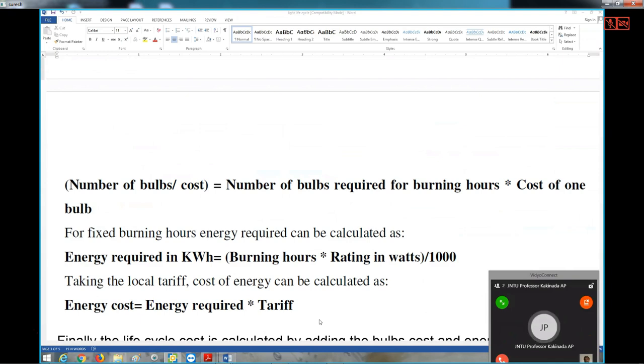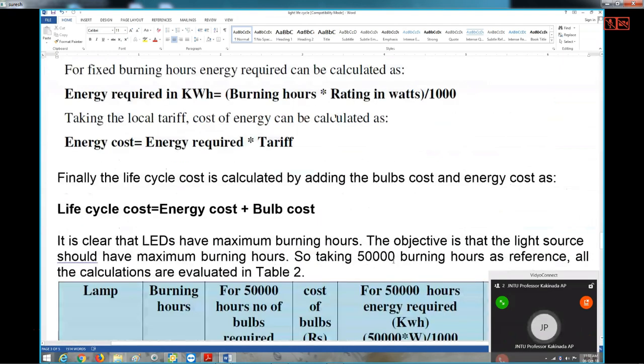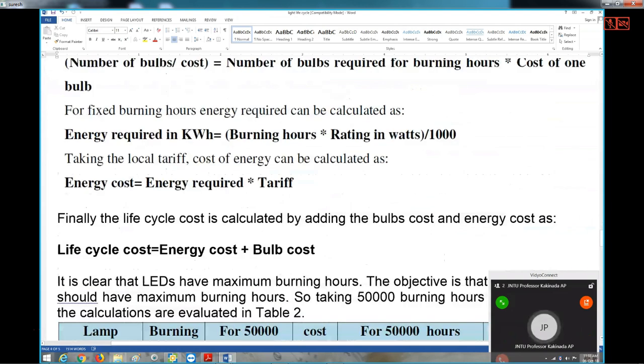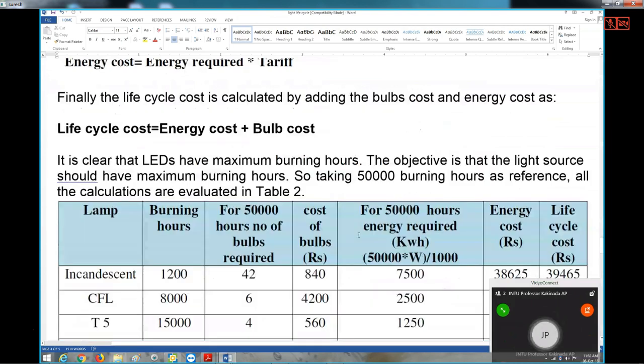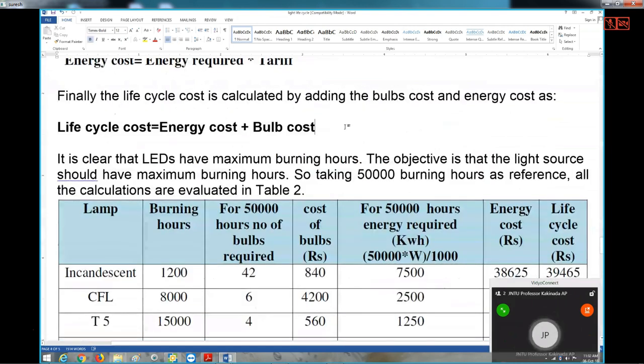Then taking the local tariff into consideration, the energy cost is calculated as energy required into the corresponding tariff. Finally, the life cycle cost is calculated by adding the bulb cost and energy cost, that is, energy cost plus bulb cost. Likewise, we can justify this life cycle costing analysis of electrical lamps.